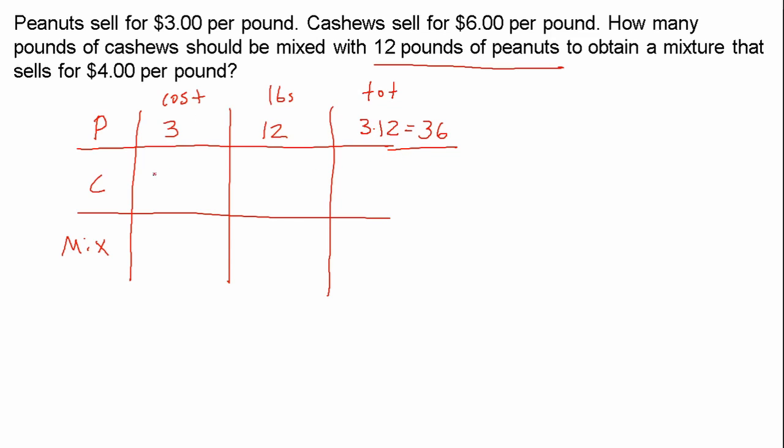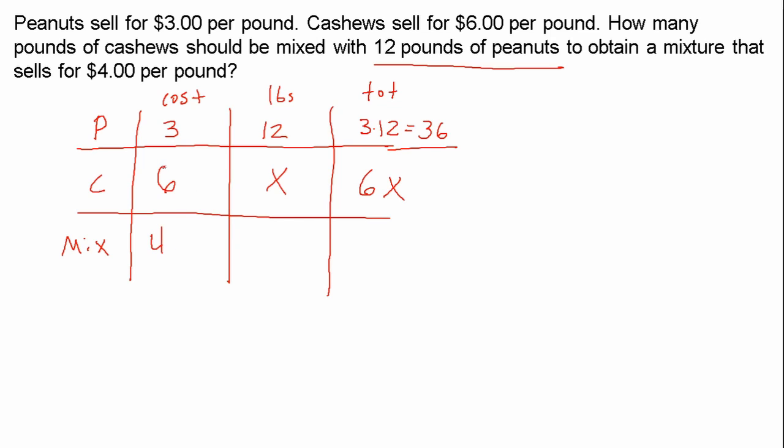Cashews are $6 per pound. We're being asked to find how many pounds we should mix, so that pound is unknown. This total is going to be 6 times x, which is 6x. The mix, we're told, is going to be $4 per pound.